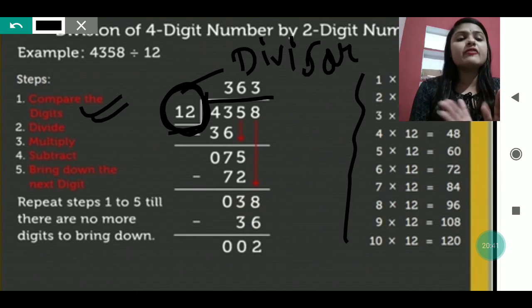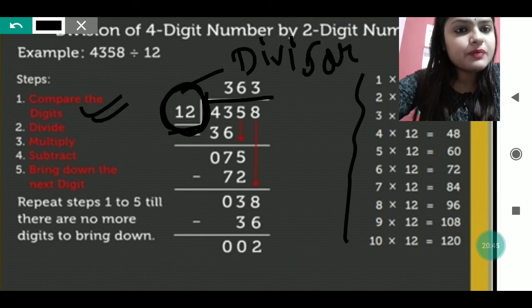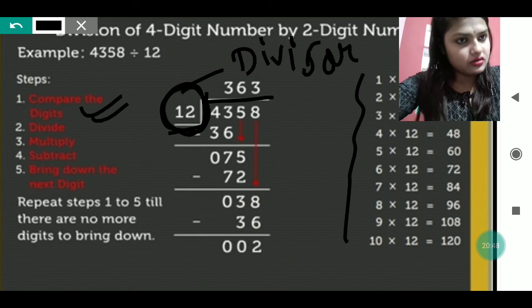But we can use 36, that is 3. So 36 we will write just below 43.